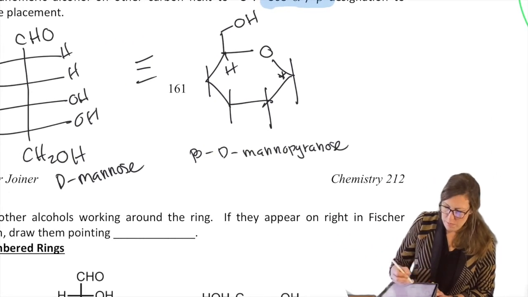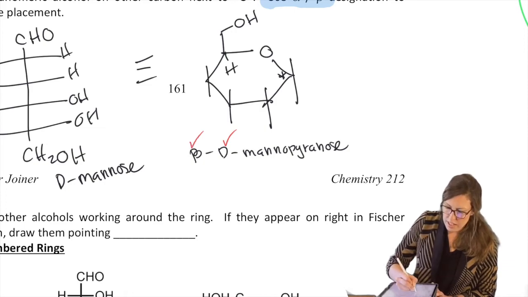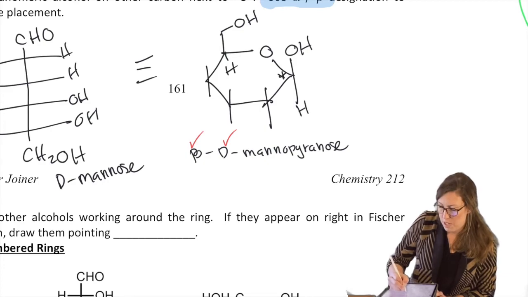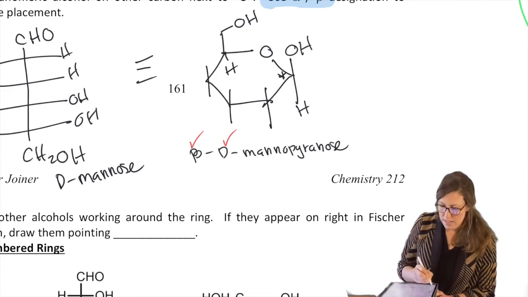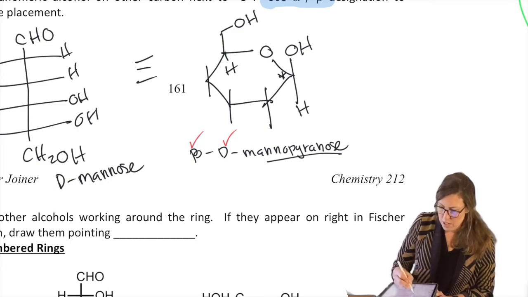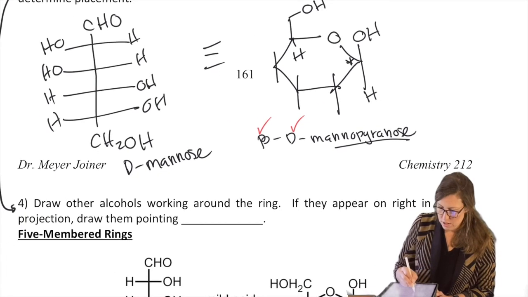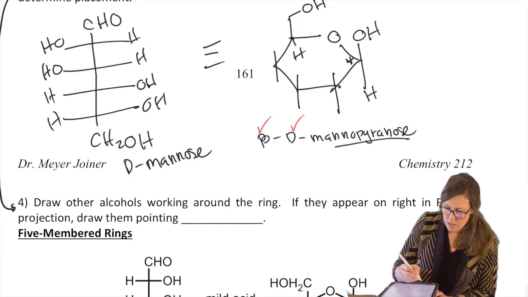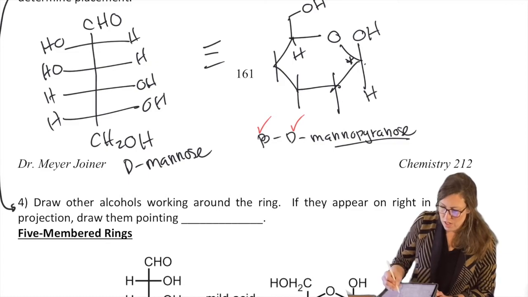Now that we know that it has to be beta, so I've taken care of the fact that it's D, that means the CH2OH is up. Taking care of the fact that it's beta means that since the CH2OH is up, the OH must be up on the anomeric carbon. The rest that makes it mannopyranose come from these 3 carbons here. We get that from the Fischer projection. Left means up, right means down. So work it around. So carbonyl carbon.